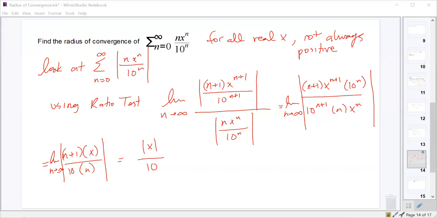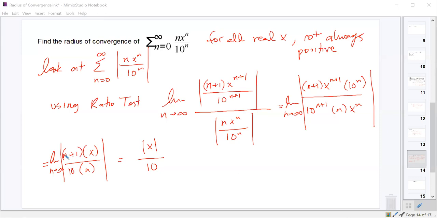Okay, one second here. Shayla, you explain the evaluation. What part of it, from here to here, of the limit? Yeah, so the variable within here is n. X is just some number that we might plug into our series. X is just a constant. So this is just a rational function. It's xn plus x. Think of that as like 5x plus 5 or 7x plus 7 or something like that, over 10n.